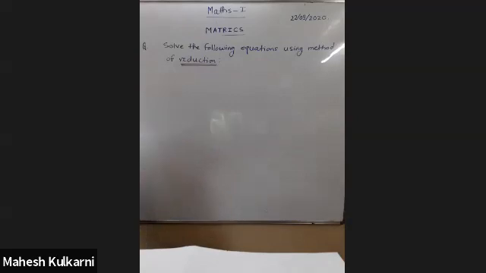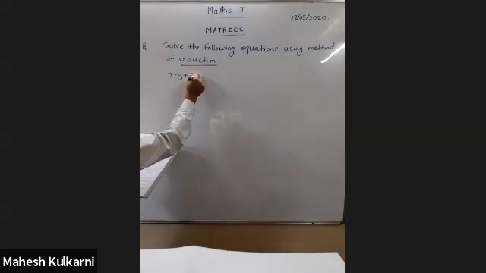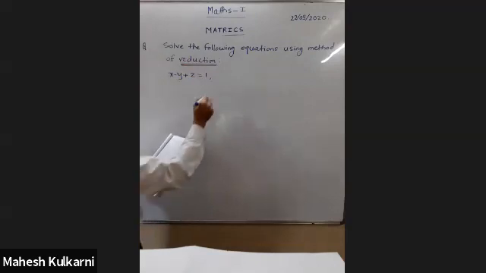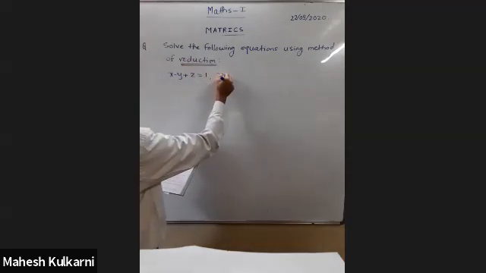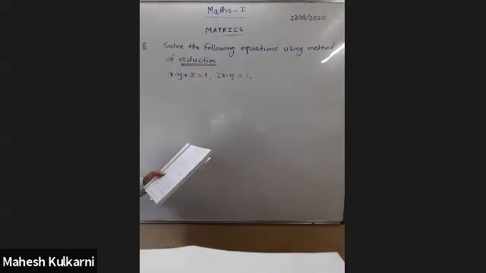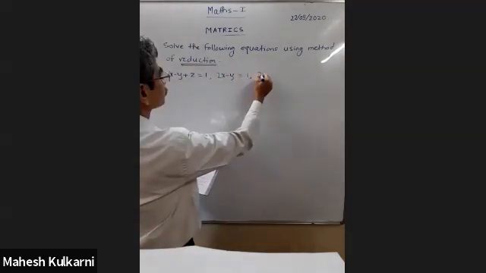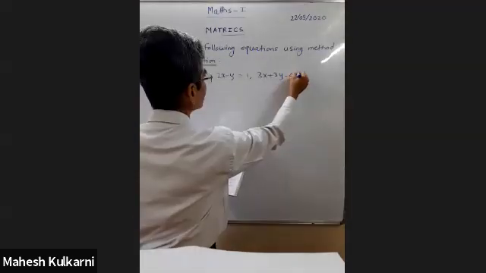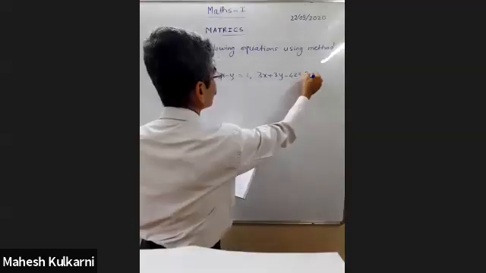Now equations in 3 variables. x minus y plus z is equal to 1. 2x minus y is equal to 1. 3x plus 3y minus 4z is equal to 2.